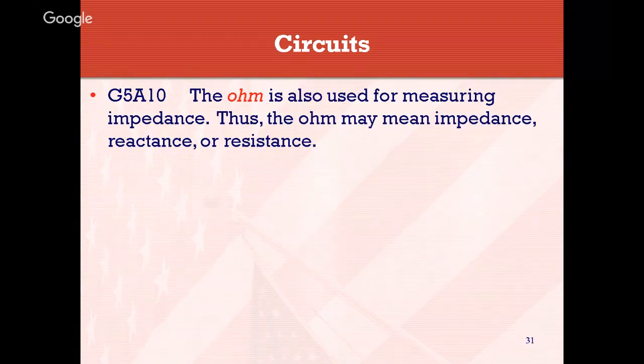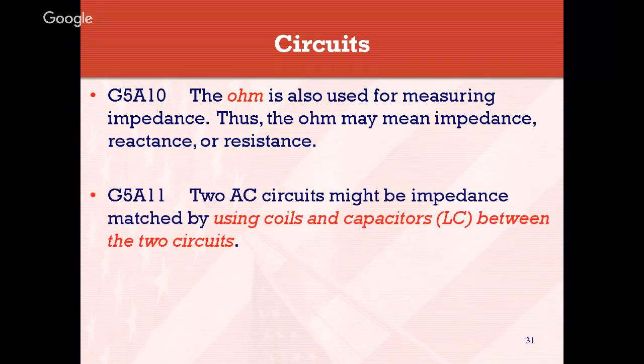Again, the ohm is also used for measuring impedance. Thus, the ohm may mean impedance, reactance, or resistance. Those three are all measured in ohms. Two AC circuits might be impedance matched by using coils and capacitors between the two circuits.